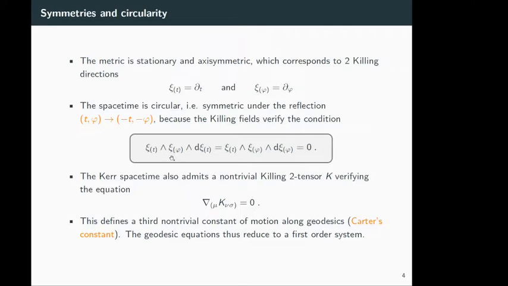But from the Killing vectors, you can derive the reflection symmetry, right? From these two relations with the Killing vectors, you can derive the reflection symmetry in a certain frame. Of course, this is all for an axisymmetric stationary spacetime.